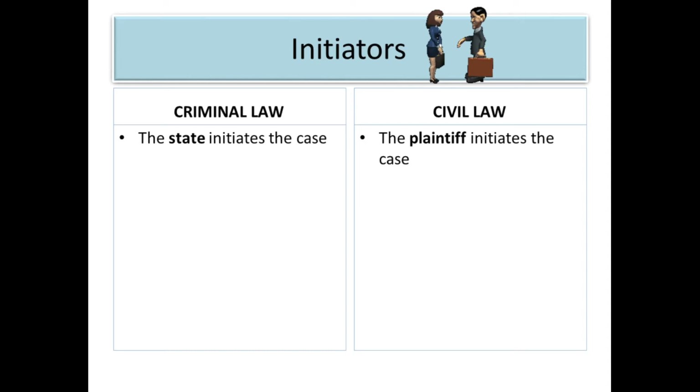In criminal law, the government initiates a criminal case usually through the attorney's office in coordination with the law enforcement agents, that is the police and the criminal investigation department. While in civil law, the wronged person is the one who approaches the civil courts to present the case. So the wronged person is the one we are saying is the plaintiff who initiates the case.